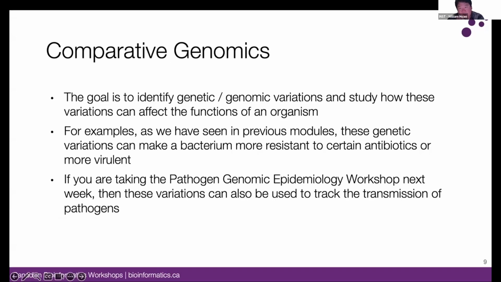And if you are taking the workshop next week, then these variations can also be used to track the transmission of pathogens and, of course, to understand how these organisms evolve.